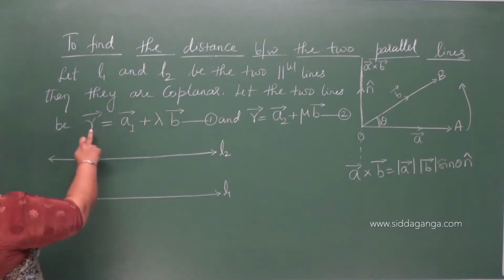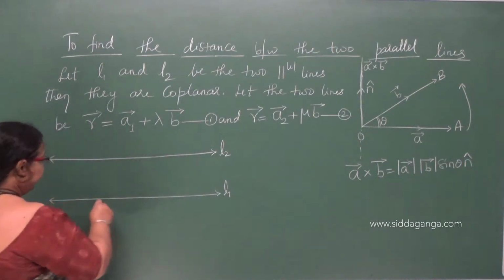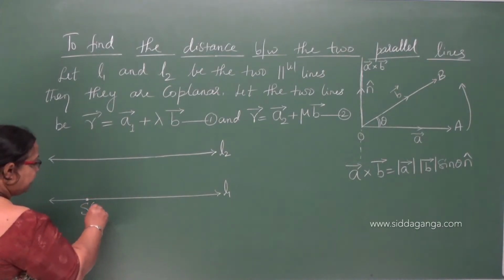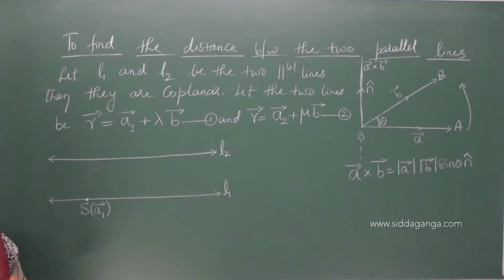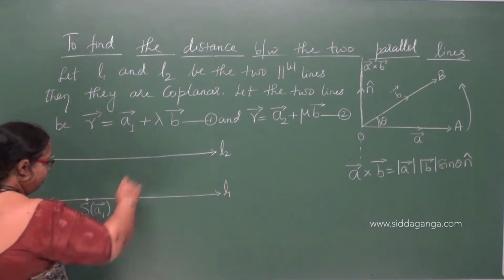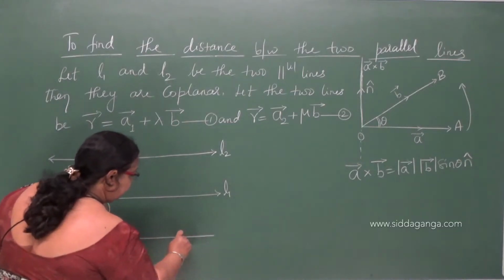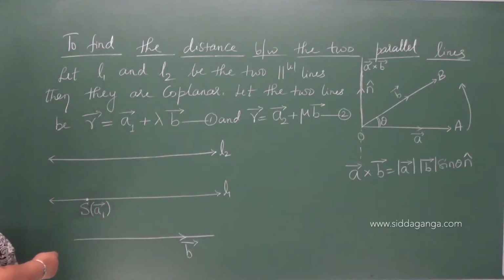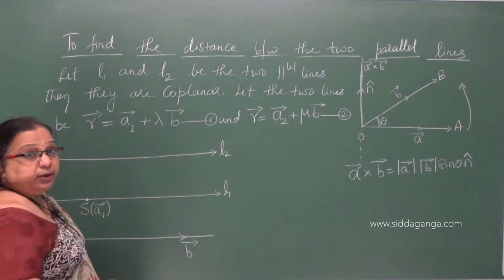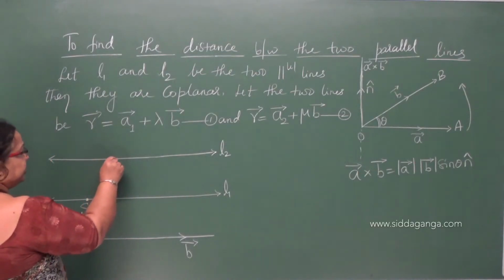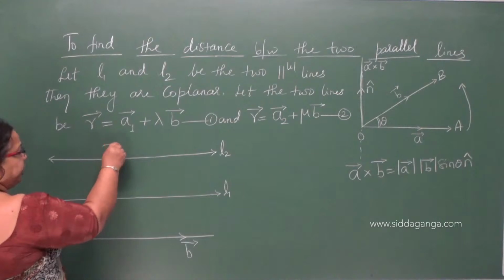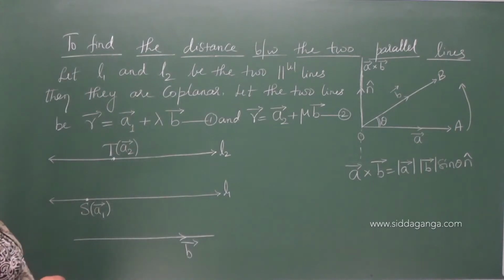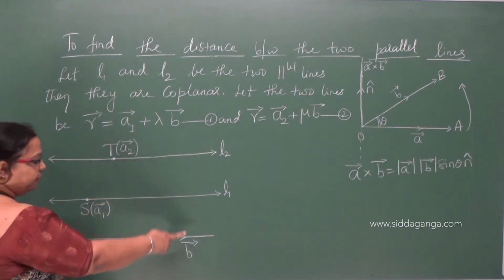See, the line L1, that is equation 1, passes through the point S. You take the position vector as vector a1 and it is parallel to vector b. Now you take the second line. The line L2 passes through the point T whose position vector is taken as vector a2 and it is parallel to vector b.